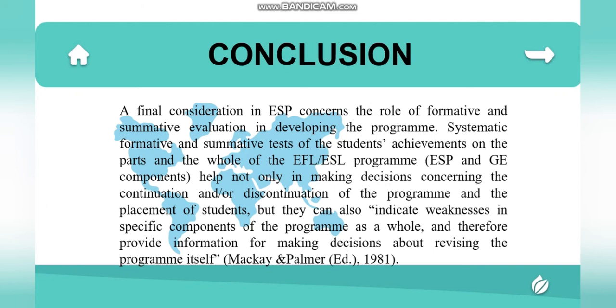Systematic formative and summative tests of the students' achievements on the part and the whole of the EFL or ESL programs, ESP and GE components, help not only in making decisions concerning the continuation and or discontinuation of the program and the placement of students, but they can also indicate weakness in specific components of the program as a whole and therefore provide information for making decisions about revising the program itself.